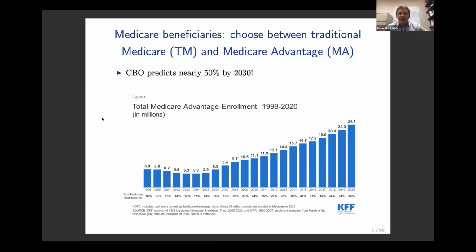But on top of that, the Congressional Budget Office released some projections last year that estimates that Medicare Advantage enrollment could be up to 47% of Medicare by 2030. So if this trend continues, it's going to be half of the Medicare program. So it's a really important question to understand how Medicare Advantage works.